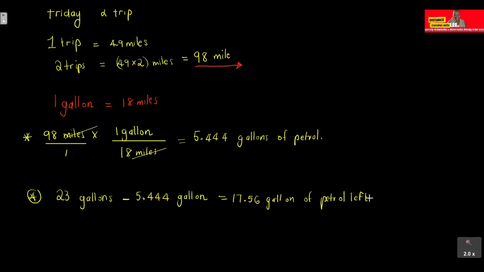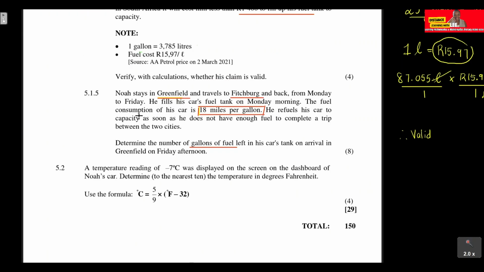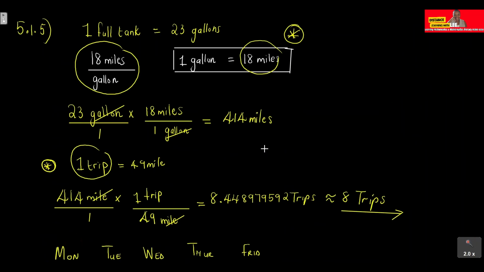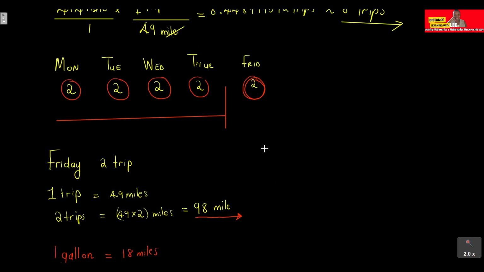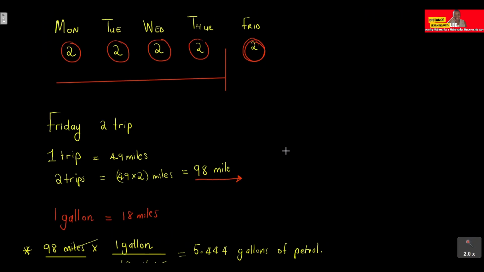So yeah, this question was one of those questions that were a bit of a handful. You really just need to focus and try to figure out what this question is asking from you guys. It says determine the number of gallons of fuel left in his car. So that is basically the process that you need to follow to help you determine the number of gallons.